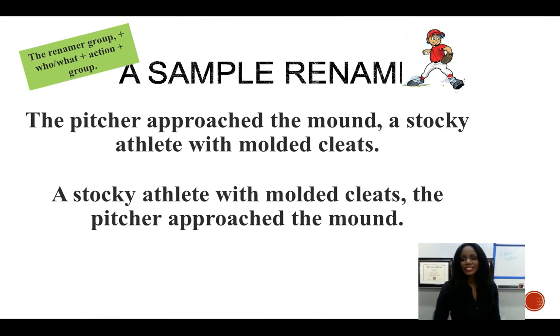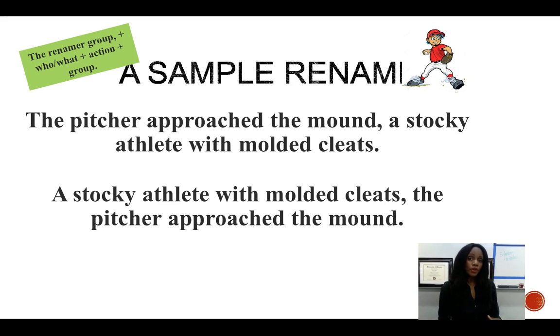Let's take a look at the sample renamer. We have this image of an athlete here. The sentence is "The pitcher approached the mound." Now we want to rename this pitcher, who happens to be known as a stocky athlete with molded cleats.